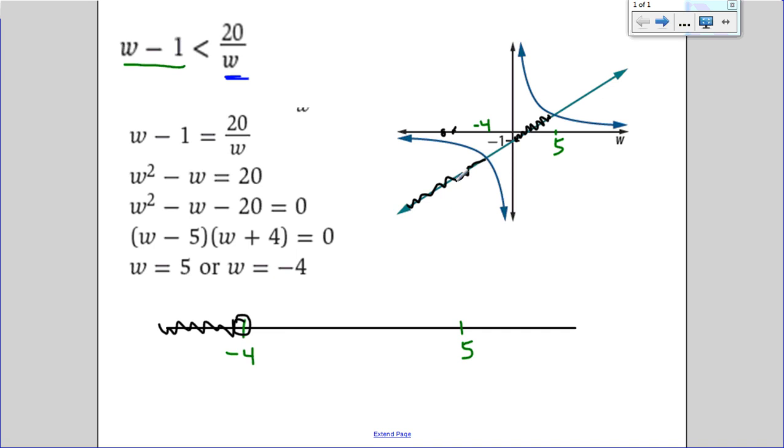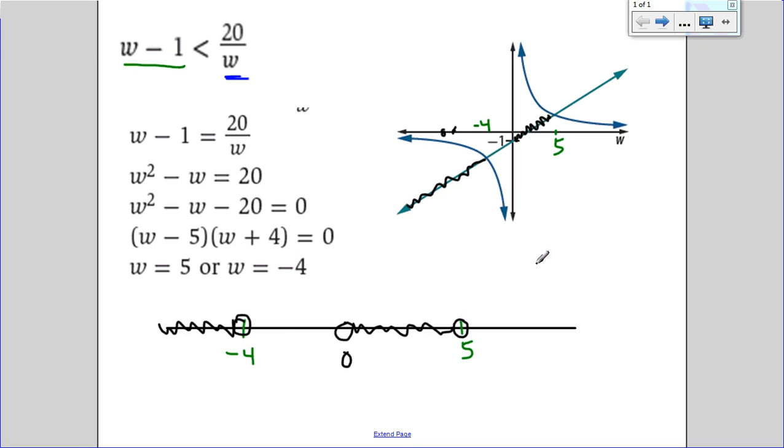So it switches sides of the line without there being an intersection. Since there's no value for the inverse at 0, there has to be an open dot at 0. But everything in between does work, up until 5.